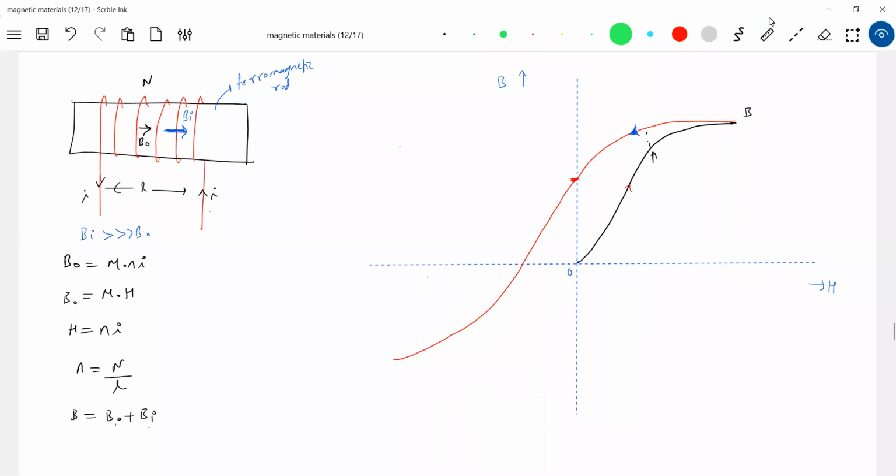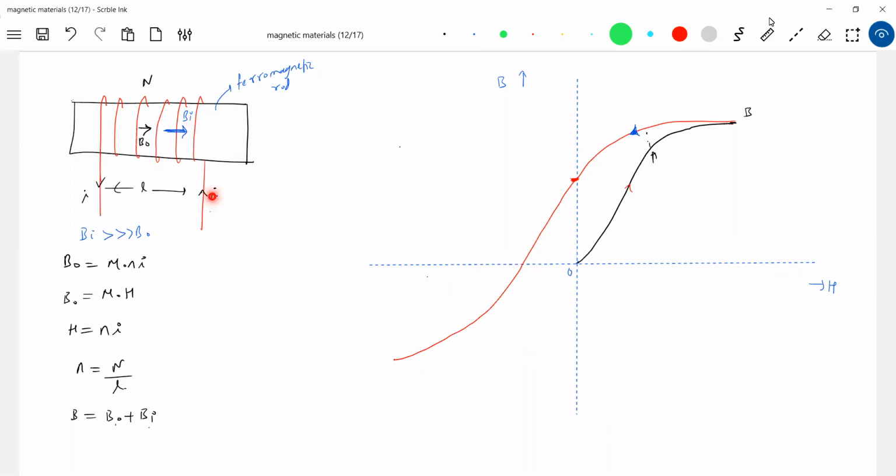Are you able to understand? If it were O, A, B, B, A, O, if it came like this, it means once you make the current zero, then no longer this will behave like a magnet. But here what happened? You keep on increasing the current, this will get magnetized as long as current is flowing. Then once you again decrease the current, then what do we expect? The induced magnetic field will decrease.